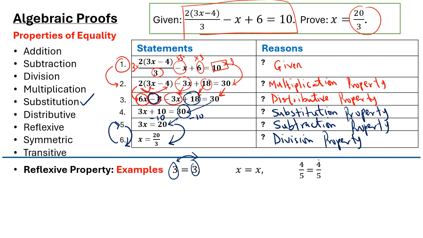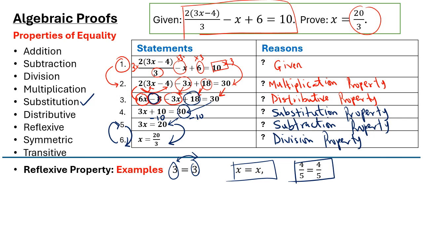When you stand in front of a mirror, you see your reflection, right? So 3 equals 3. Or x equals x in general. Any number is equal to itself. If you use a fraction, 4/5 equals 4/5. This is what you call the reflexive property.